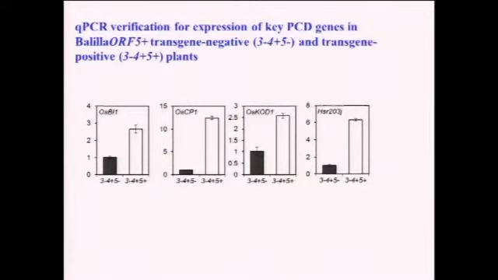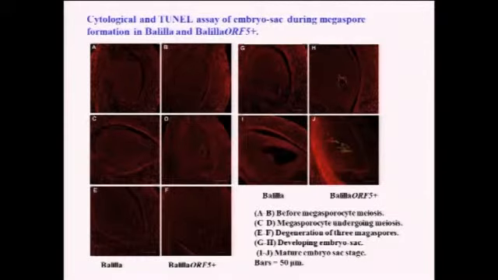And then also induced at a later stage a bunch of PCD-related genes. We also checked the PCD processes using TUNEL analysis. And the conclusion is that transgenic ORF5 resulted in gamete abortion, and the PCD processes occurred earlier and also lasted longer, and at the very end killed the gametes.